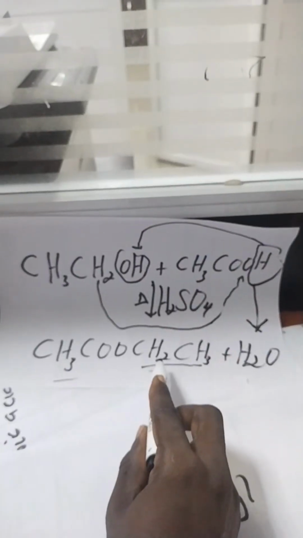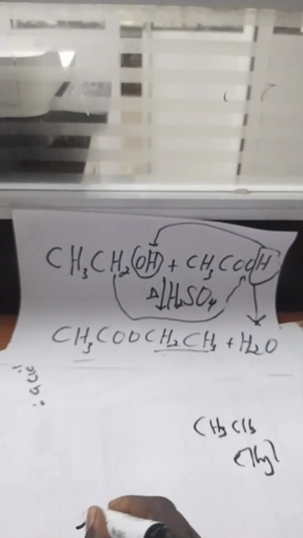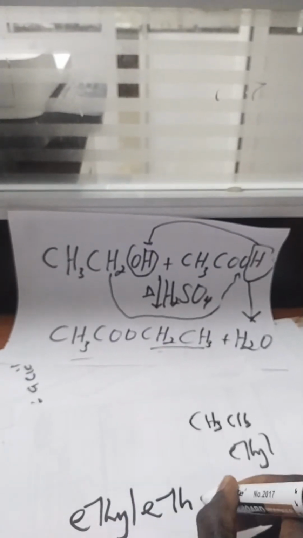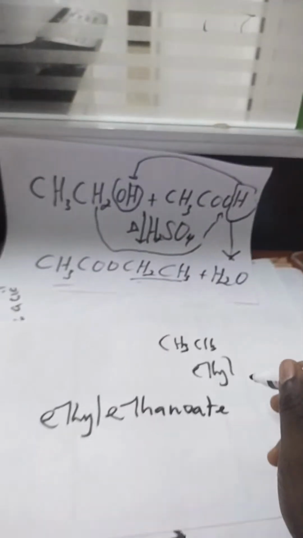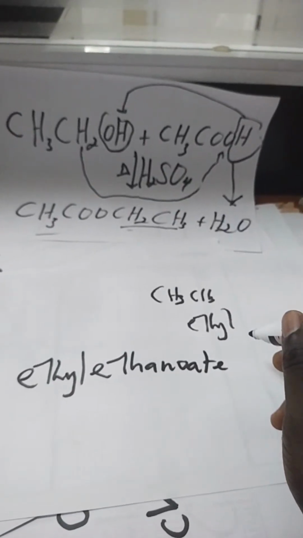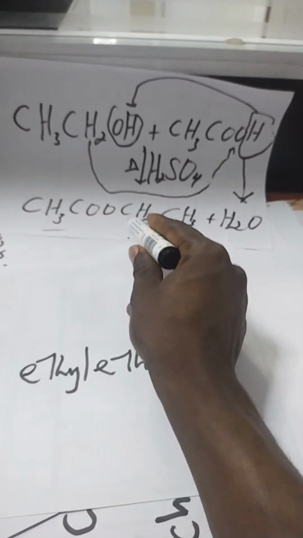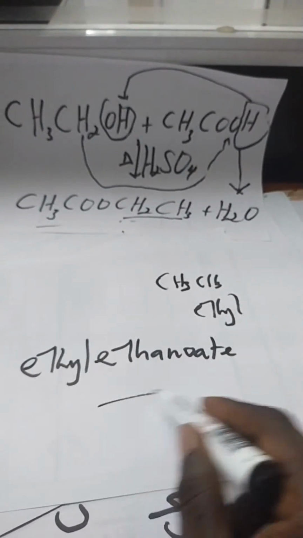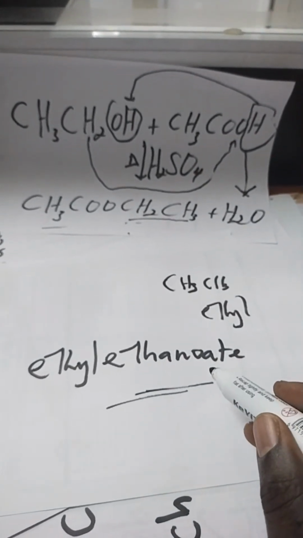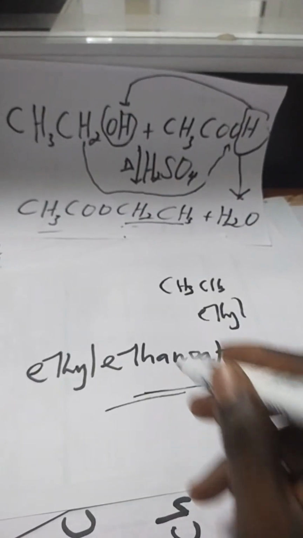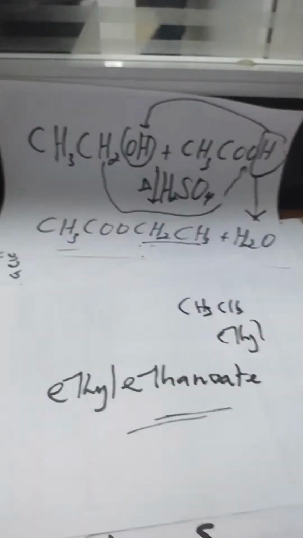As you can see, one hydrogen is gone here. So the name for that compound will be ethyl ethanoate. Ethyl ethanoate and water molecule. This is the process of esterification.